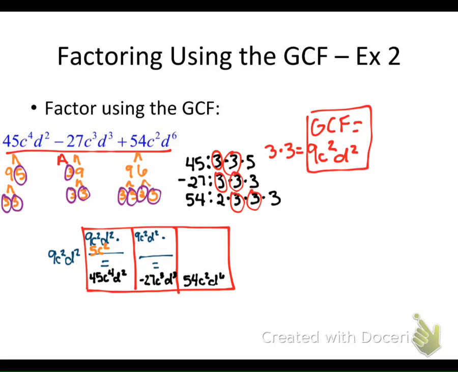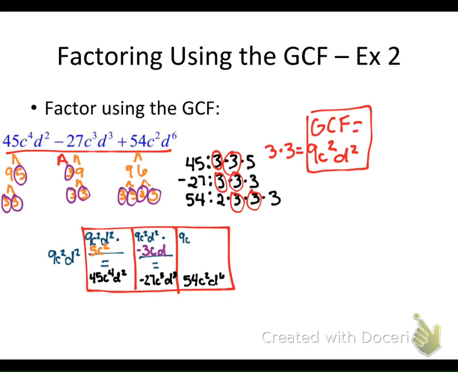Negative 3, thank you. So I have negative 3. I have a c squared. My area is a c cubed. How many c's do I need? I need 1. I have a d squared. My area is a d cubed. How many d's do I need? 1. Very good.